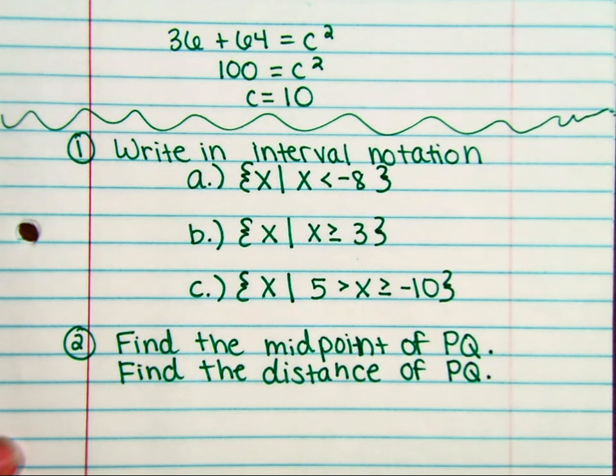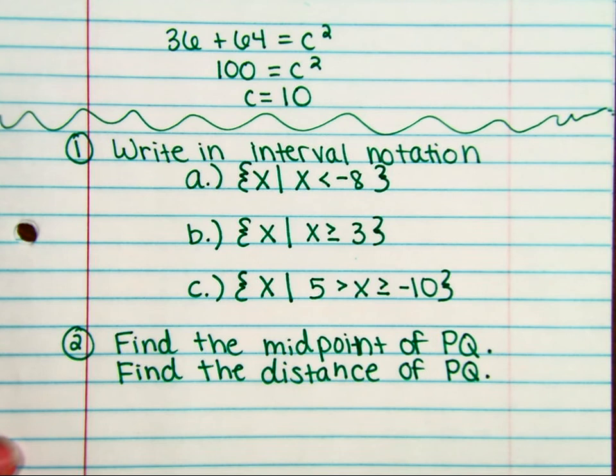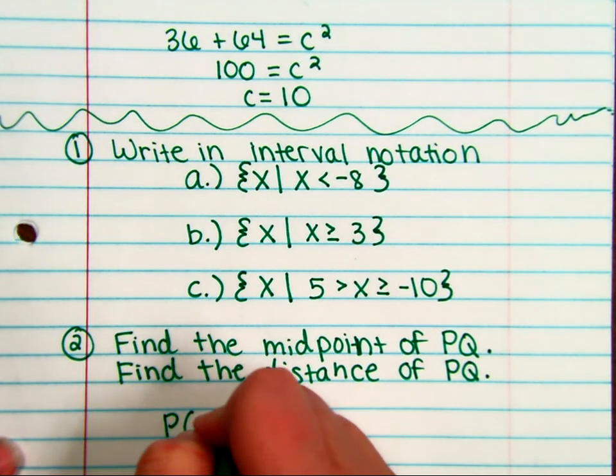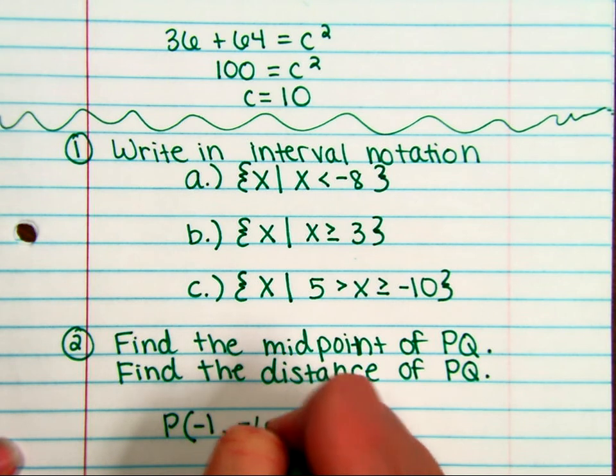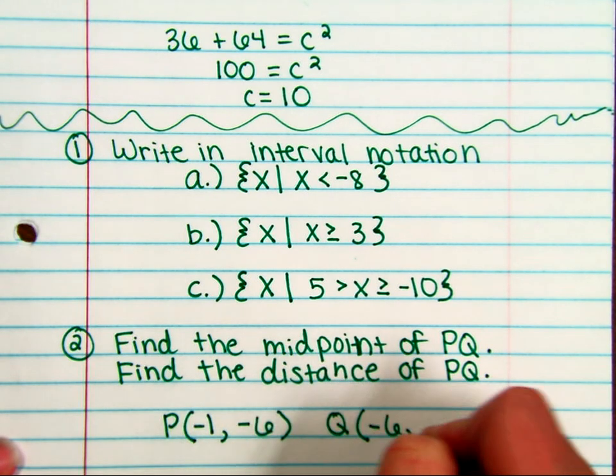For the distance, you might want to review your notes in my example because I would like not only the decimal, but I would like it as a simplified radical as well, if necessary. So P is -1, -6. Q is -6, 5.